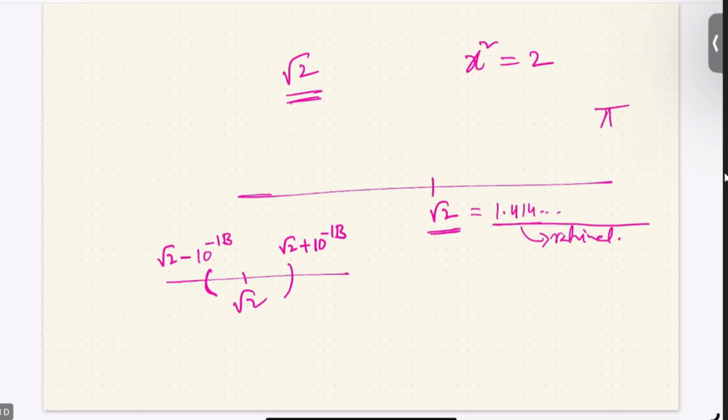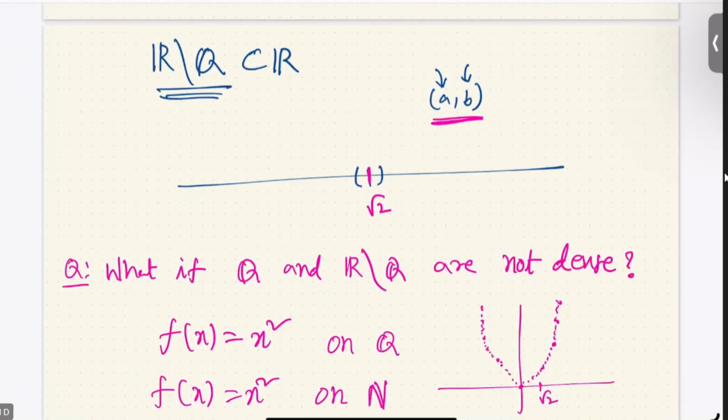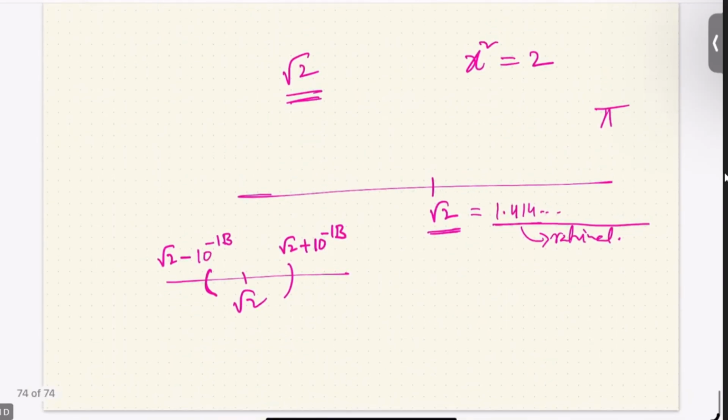But suppose my question where I start with this one: if this is not dense, then now the problem is you may not find any number in between. Let's say, suppose for some irrational number, I'm not naming it, any of root 2, root pi or something, let me choose some sigma.